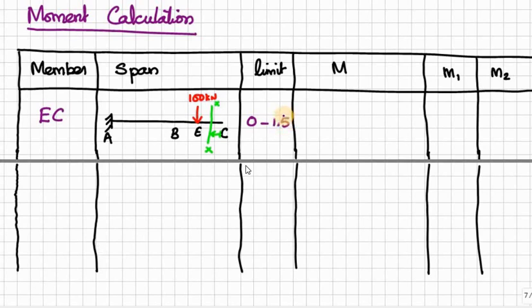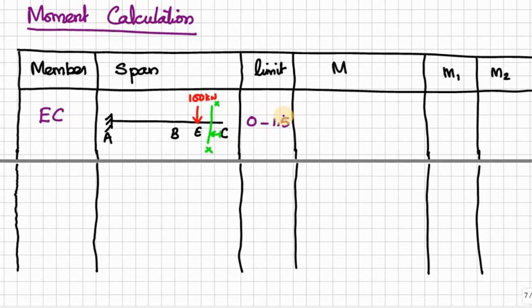Clear? And capital M is nothing but the moment due to external loads. As per the moment definition, we can consider the right side of the section, because on the left side of the section we have so many external loads and the unknown moment MA and unknown reaction RA.